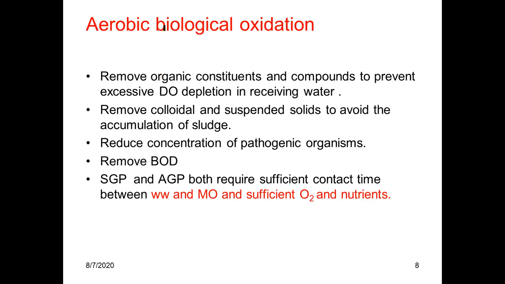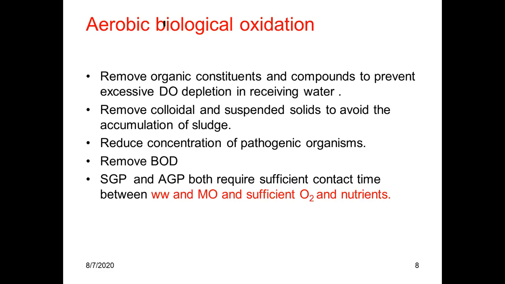So by aerobic biological oxidation of wastewater, we can remove the organic matter. So once it is discharged into an inland water body or whatever place, there is no need to worry about dissolved oxygen depletion, because there is no organic matter.